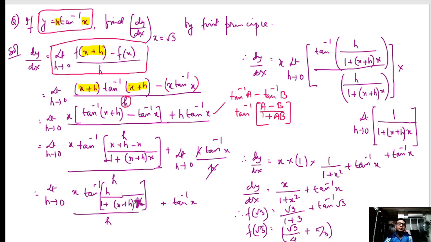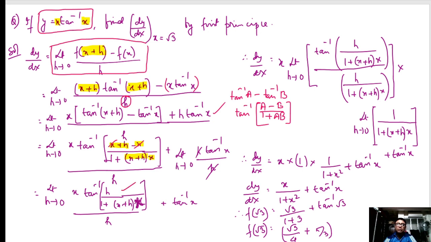So that is what we have used. This is tan inverse (a minus b) by (1 plus ab). Okay, so this is what we have used. So now from here x and x will cancel, so it remains, and this is the thing.